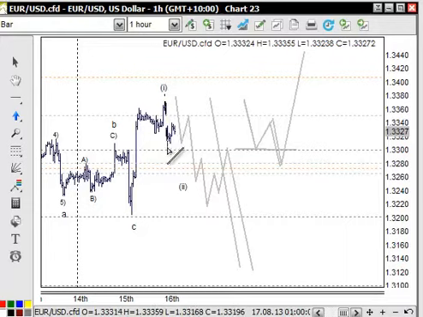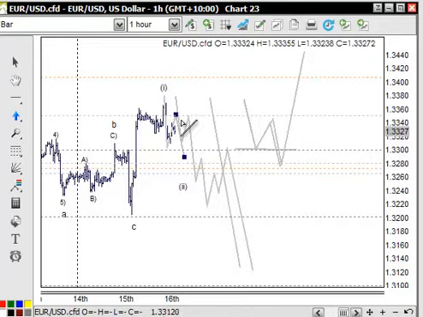It could be as simple as this one here, but a breach down here would be perfect. Or once we've got this little high here in place, a move above that, then you could go long from that point. So just keep that in mind. We're looking for a setup either to go short here or long over here.